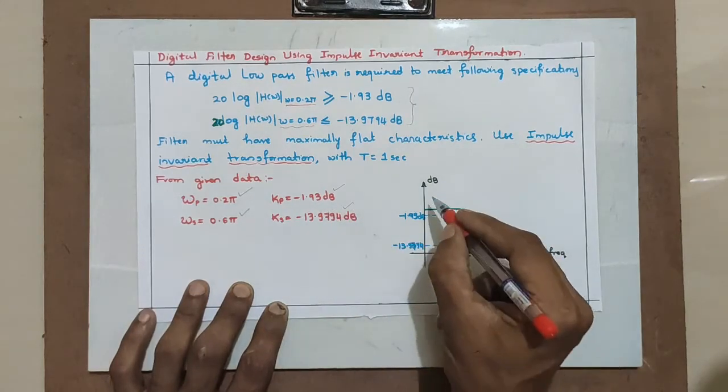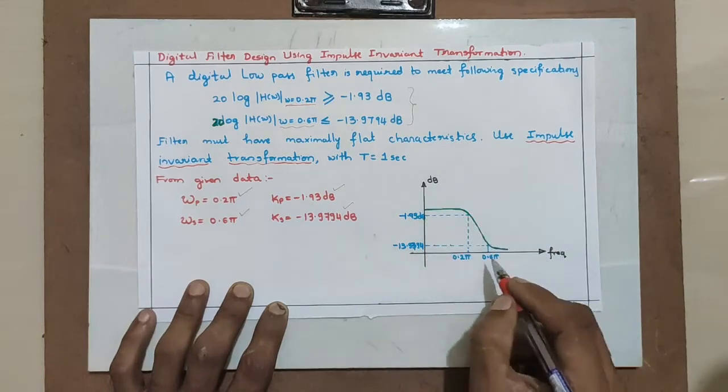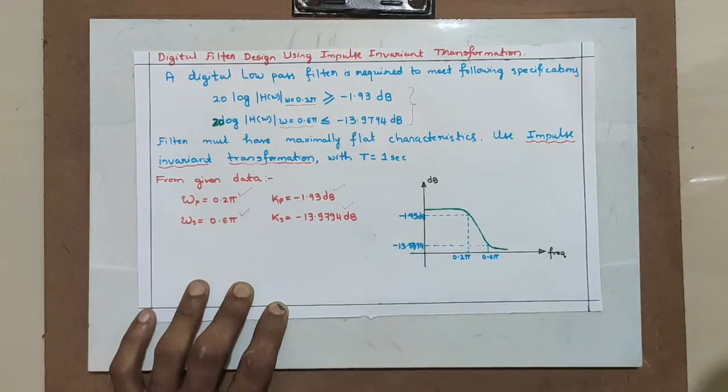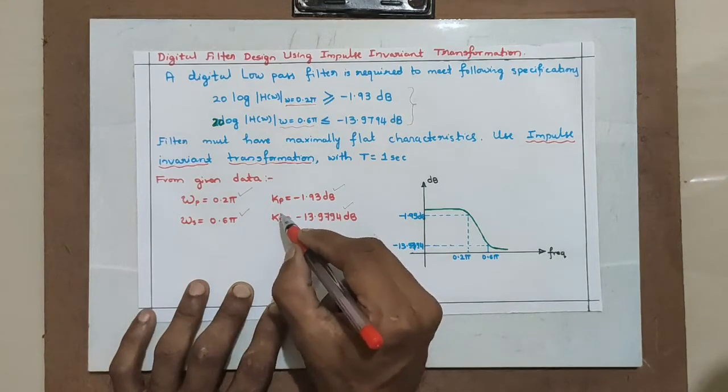If you want, you can draw a proper characteristic also: 0.2 pi, minus 1.93; 0.6 pi, minus 13.9794. These four data are to be written. Once you write down the data, you should check whether it is in proper fashion or not. Kp and Ks should be in decibels, and they are.